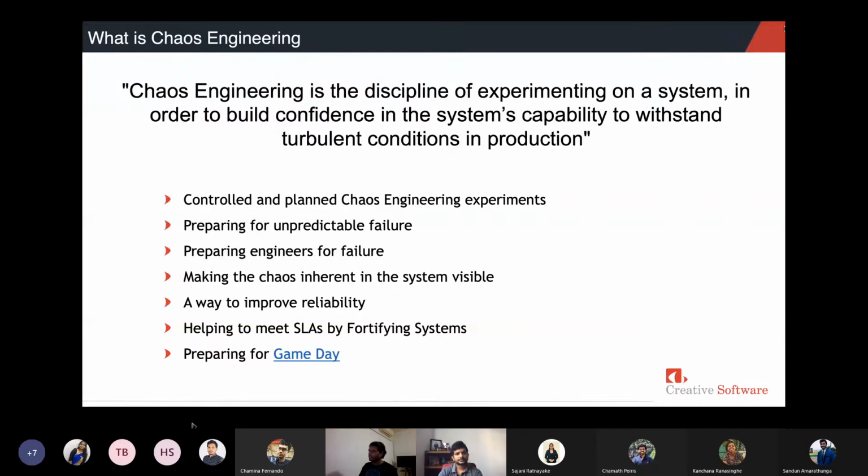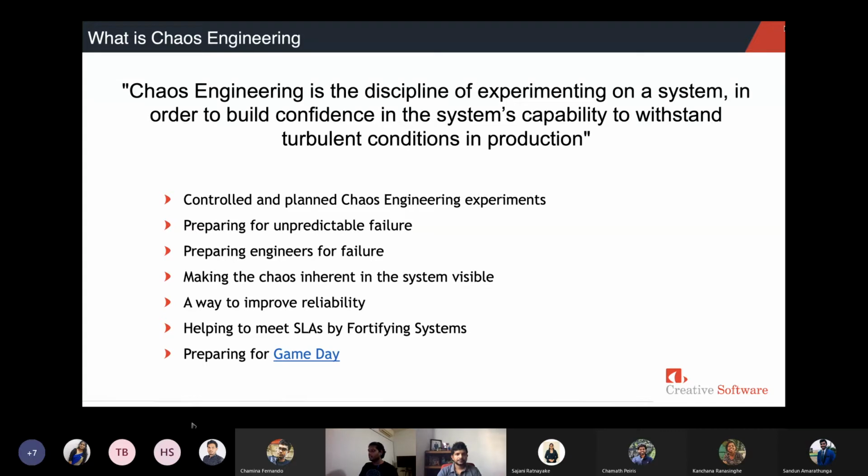So going forward, what is chaos engineering? In simple terms, chaos engineering is a discipline of experimenting with failures in your production systems and testing your production system's capability of tolerating those failures. Let's say you have a microservice deployed in Kubernetes, say an Elasticsearch cluster.